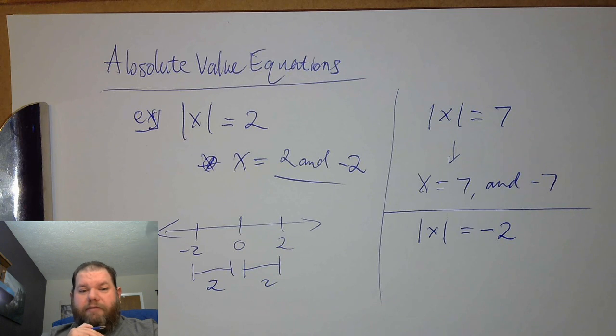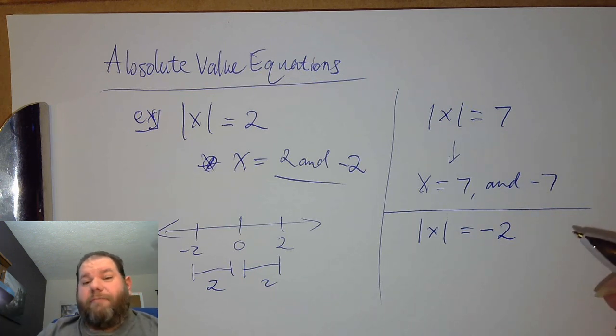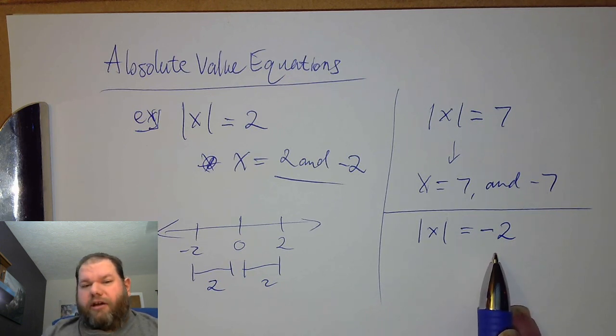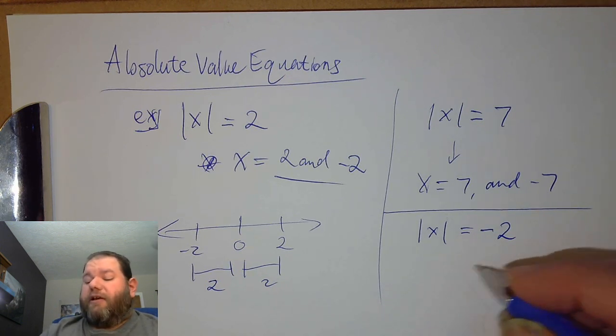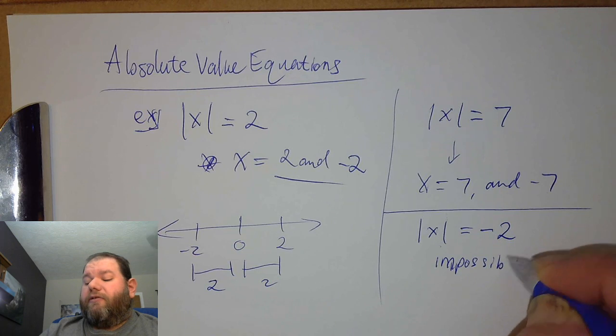And it's okay if you get it wrong. We're still learning right now. Brandon's not ready to commit. Correct. It's actually impossible for an absolute value to equal a negative number. So in this case, this is impossible. And so what we would say is that there's no solution.